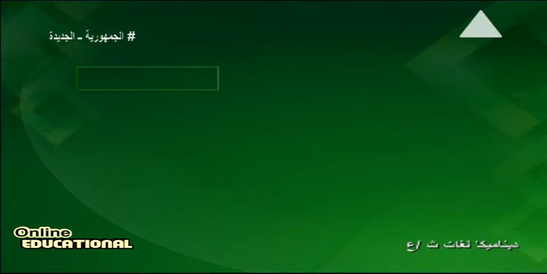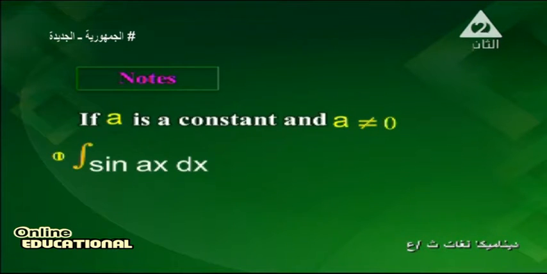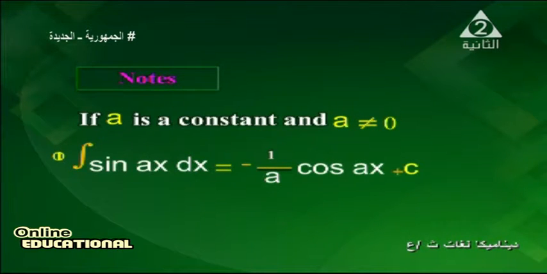Notes. Integration of sine ax dx, where a is a constant and a is not equal to 0. Then the integration of sine ax dx equals negative 1 over a times cosine ax plus c, where a is a constant not equal to 0.